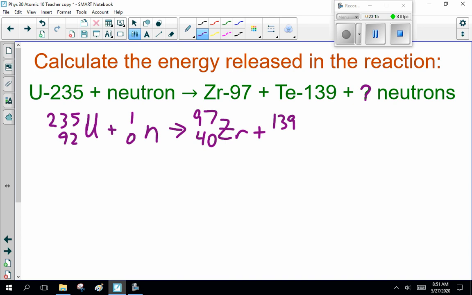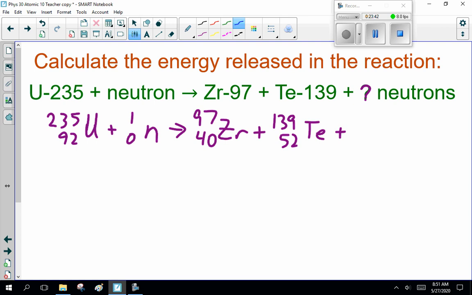Where's tellurium? Oh, I am blind. I apologize, ladies and gentlemen. Need glasses. Anyway, now the question is, how many neutrons do we have?